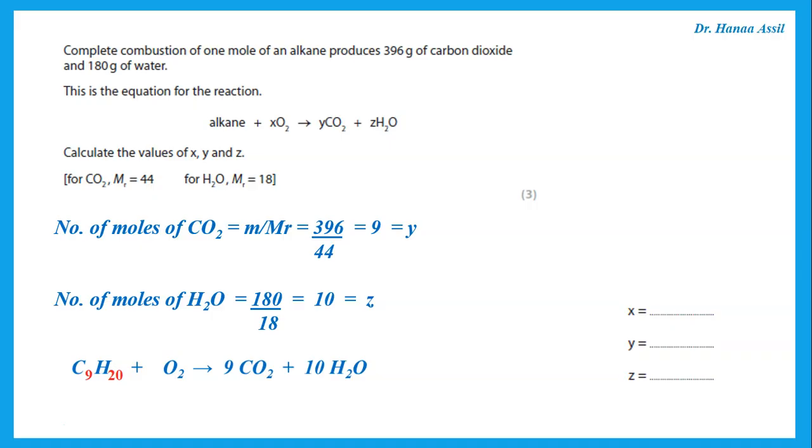Now I can balance the equation and determine what is X. So how many oxygens do we have after the arrow? 2 times 9 is 18. Plus 10, that's 28. So this is 2 times 14. So that means X is 14, Y is 9, and Z is 10. Do you realize how we got that?